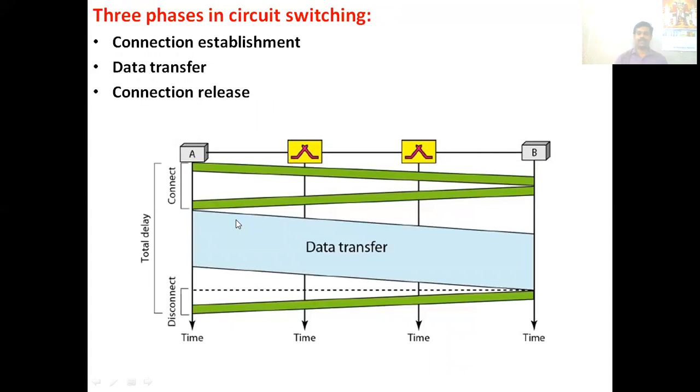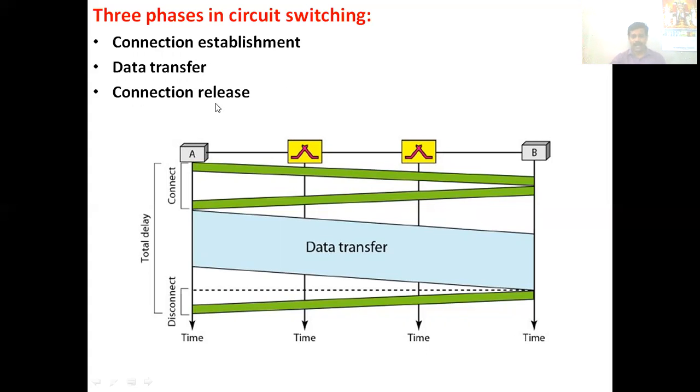Now in circuit switching, there are 3 phases: connection establishment, data transfer, and connection release. In other words, the setup phase, data transfer phase, and teardown phase. First you have to establish a connection, then transfer the data, and after transferring the data, release that connection.